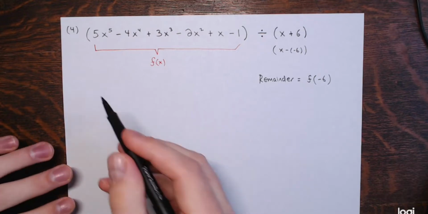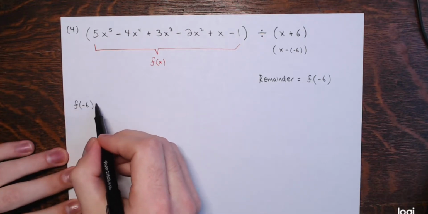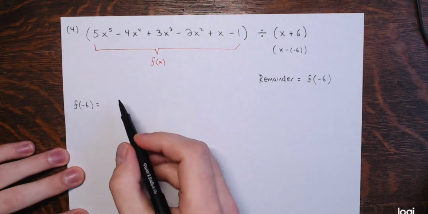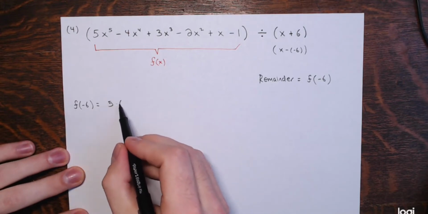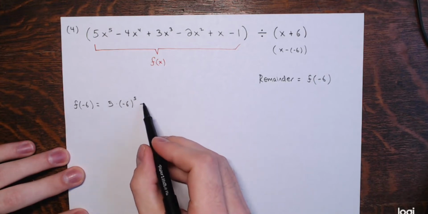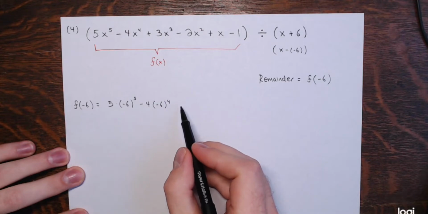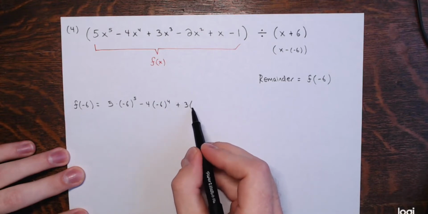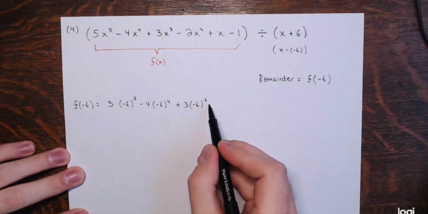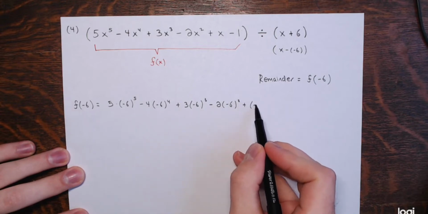So let's see what that is. f at negative 6 is 5 times negative 6 to the 5th power minus 4 times negative 6 to the 4th power plus 3 times negative 6 to the 3rd power minus 2 times negative 6 squared plus negative 6 minus 1.